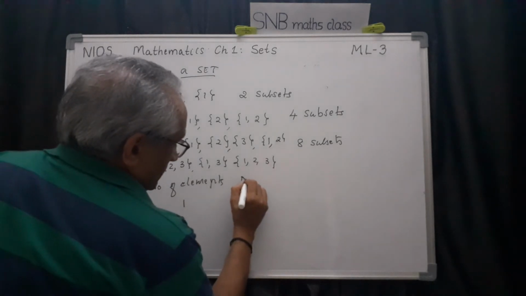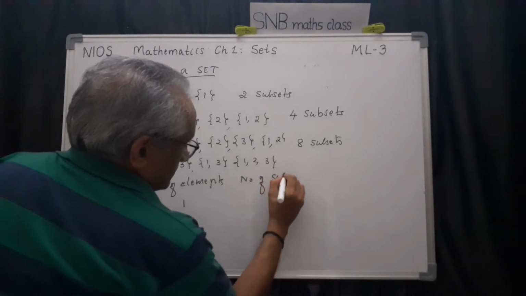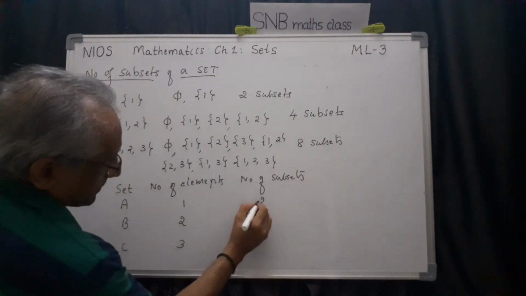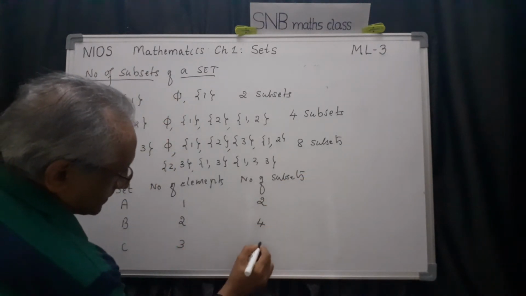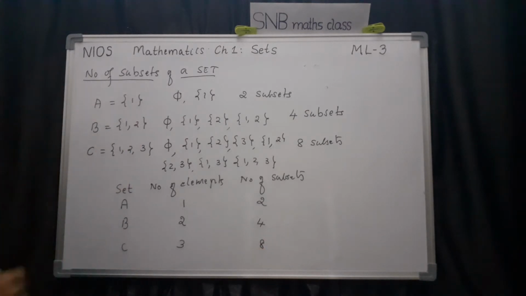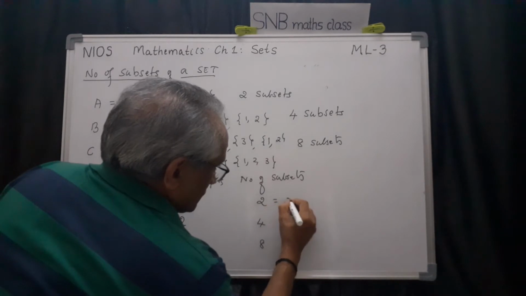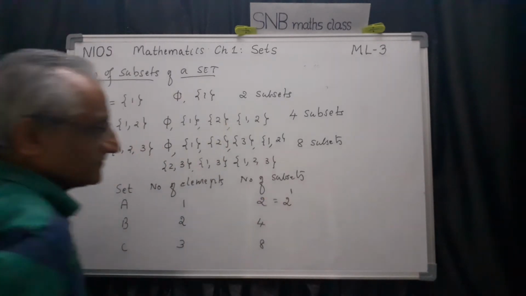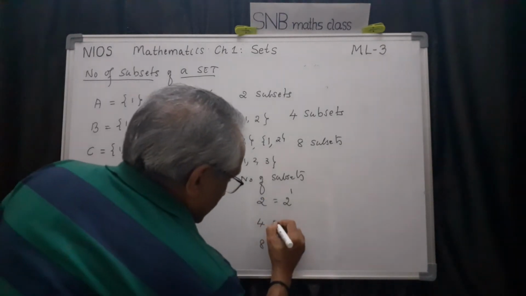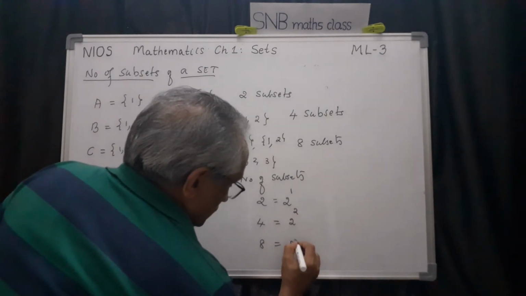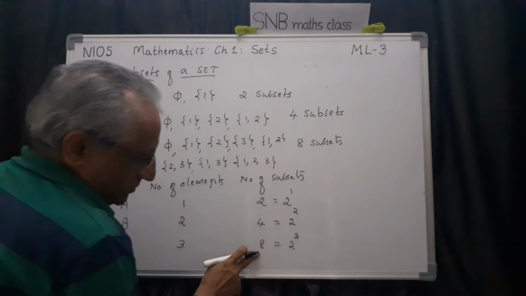Now number of subsets. Here it is 2, here it is 4, here it is 8. So is there any connection? The connection is, you can write 2 to the power 1, and this you can write 2 to the power 2. This you can write 2 to the power 3, because 2 into 2 into 2 is 8.